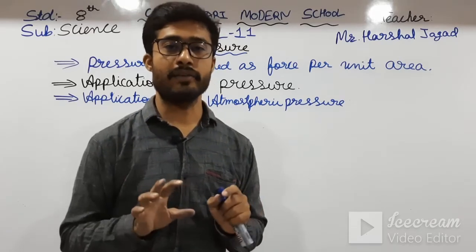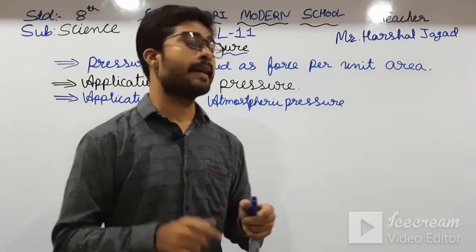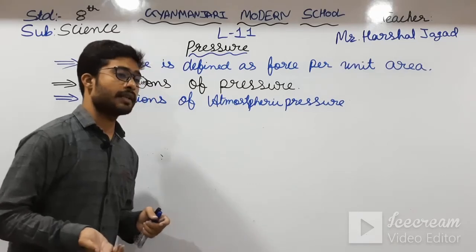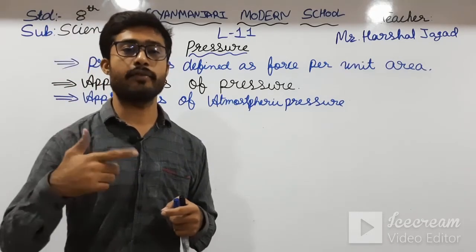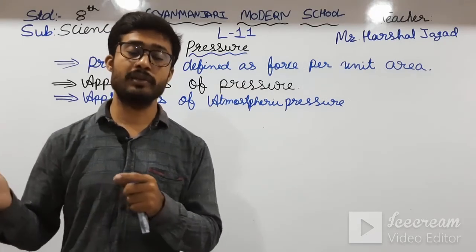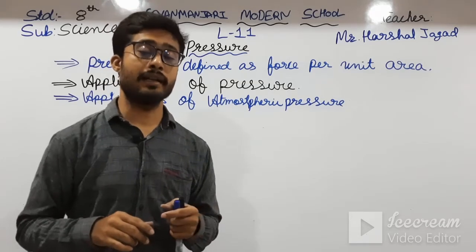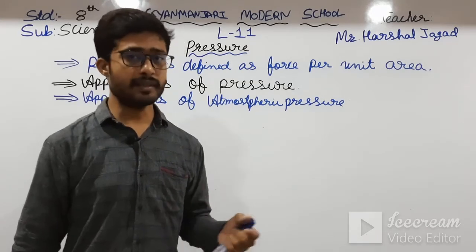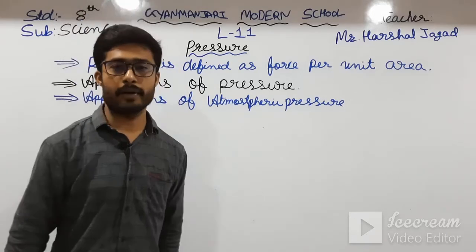And the next application was the vacuum cleaner. How does the vacuum cleaner work? There is a fan which creates lower pressure than the atmospheric pressure, so that the dust, dirt and rust come inside the vacuum cleaner. Okay students, so these were the applications of atmospheric pressure.